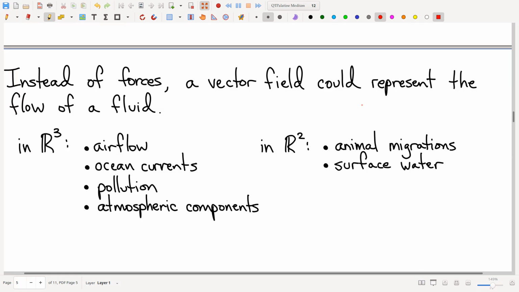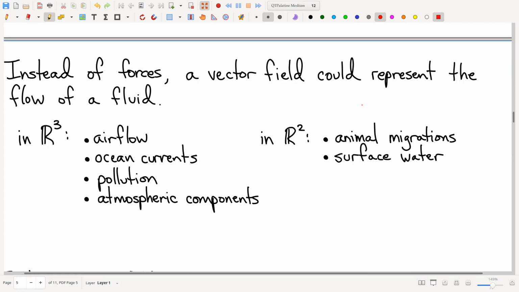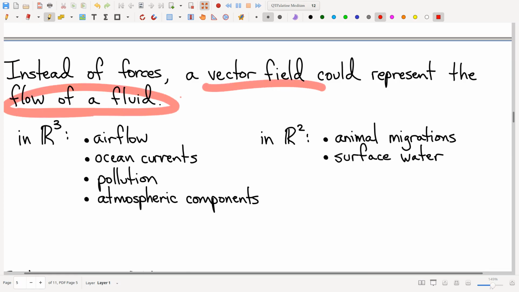So we talked about forces, electric fields, gravitational fields, and I also mentioned at the very start of all of this that a vector field can represent the flow of a fluid, and there's lots of different kinds of fluids whose flows we might want to represent. Take your pick. Ocean currents, I think, are arguably maybe the easiest ones to think about, because you don't even need to think about the ocean.